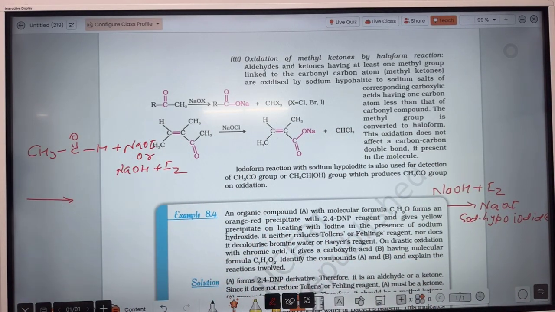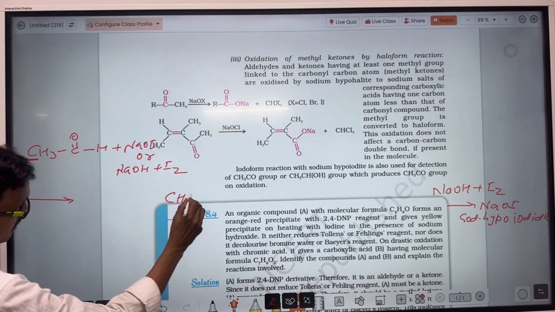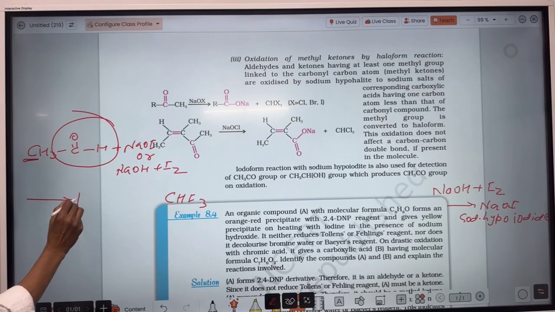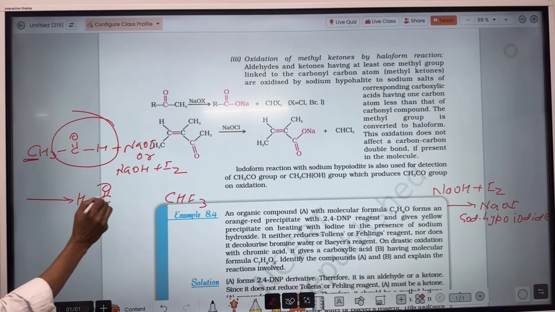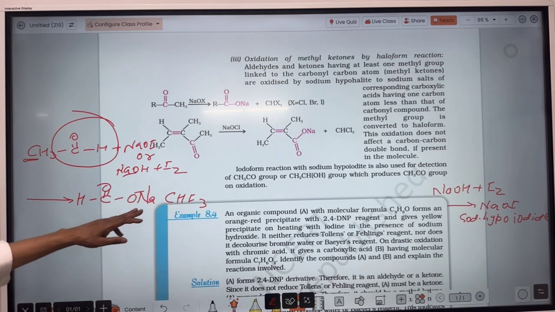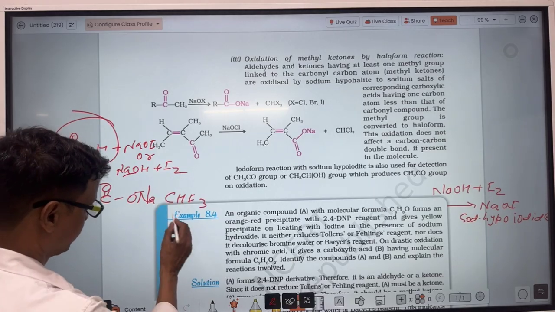What happens during the reaction? The methyl group bonded to the carbonyl carbon will be converted into CHI3, and this whole portion will be oxidized into the carboxylate ion. So sodium carboxylate will form and iodoform will form.